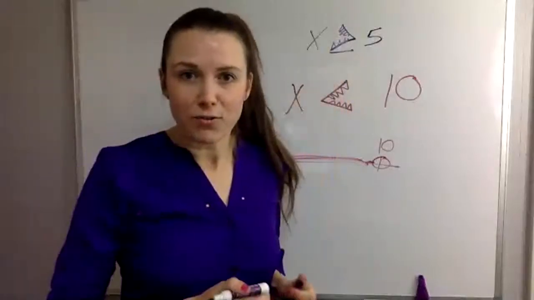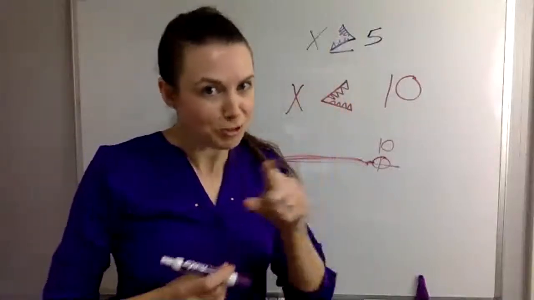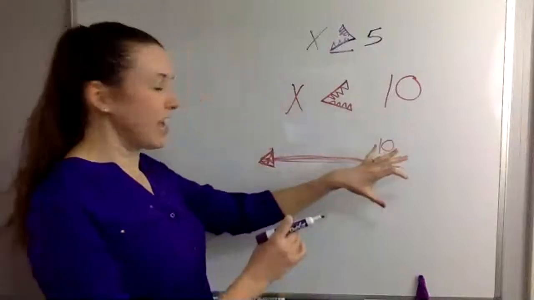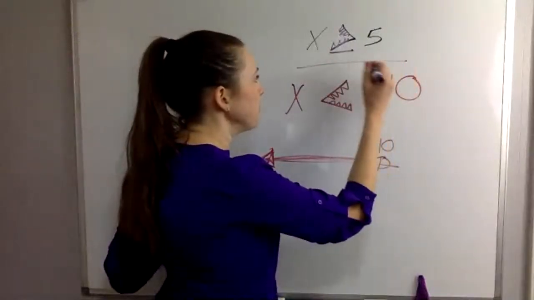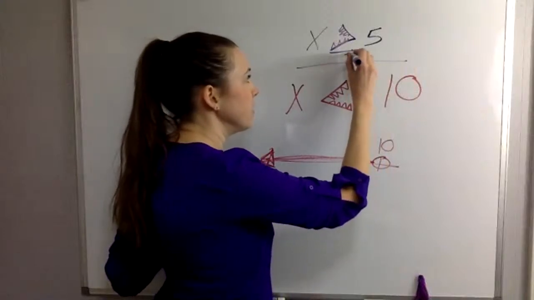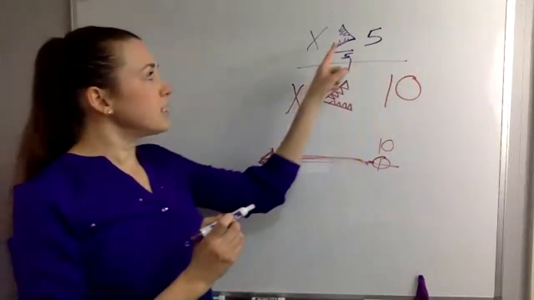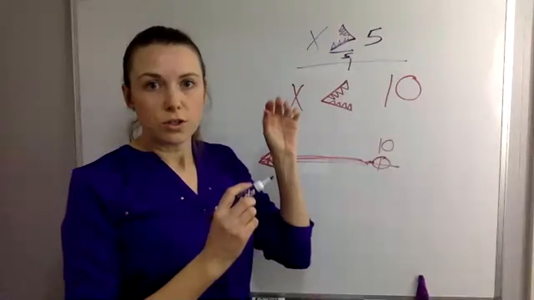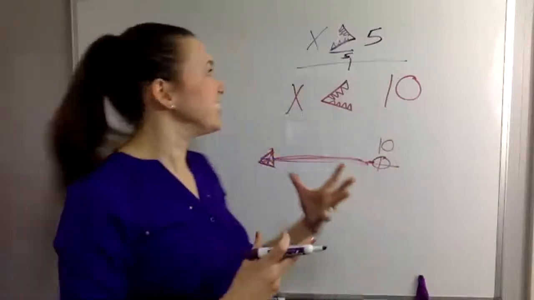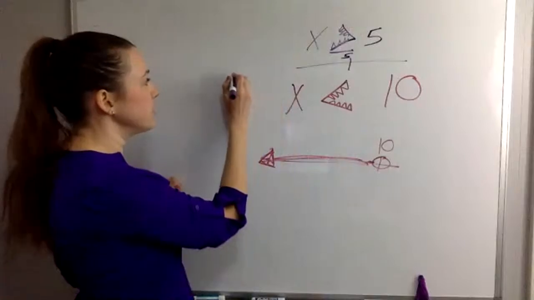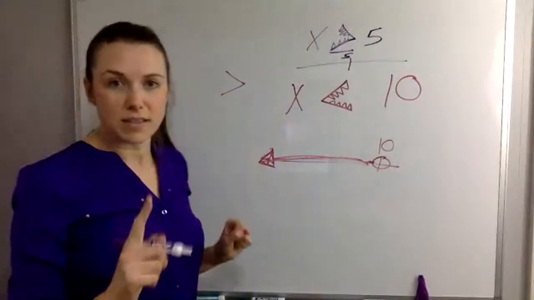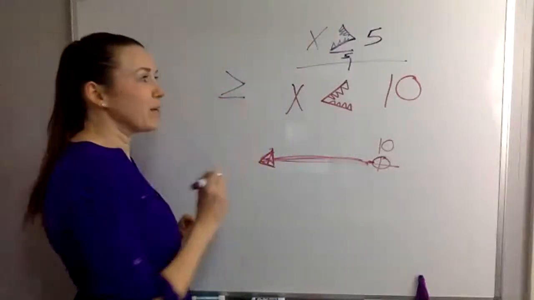Now, if you ever have a test question where it wants to have it kind of like this, I'm going to put my 5 just right here. Notice how it took me two motions to draw that inequality, right? I went like this, step 1, and this, step 2.